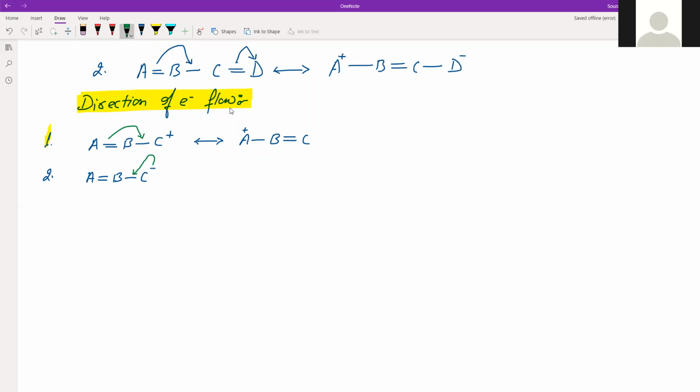So if this bond is formed, it will be forming 4 bonds. So to overcome that, this electron pair will be transferred like this. So now we'll get A single bond B and double bond C. And now A has an extra pair of electrons. So that's why there will be a negative charge on A.